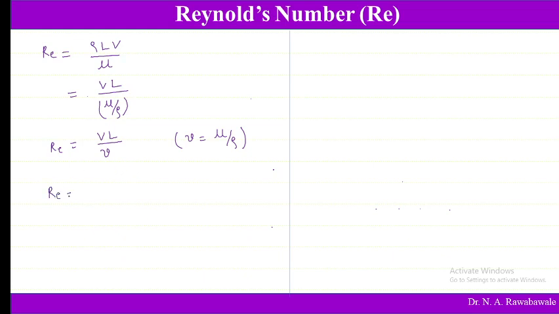Or Reynolds number is given as Vd divided by nu, or rho Vd divided by nu. In place of L, d is written, for flow through the pipe.